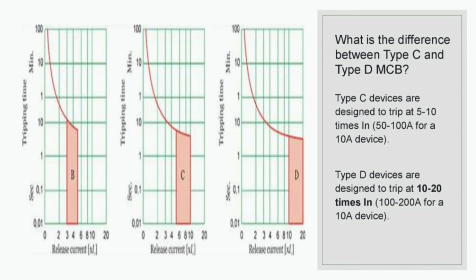And coming to B type, it is lower than C type, that means B type will trip immediately. You can find the details in this graph: B type will trip immediately, C type will take some time, and D type will take even longer. So based on this, we can know where to use each type of MCB.